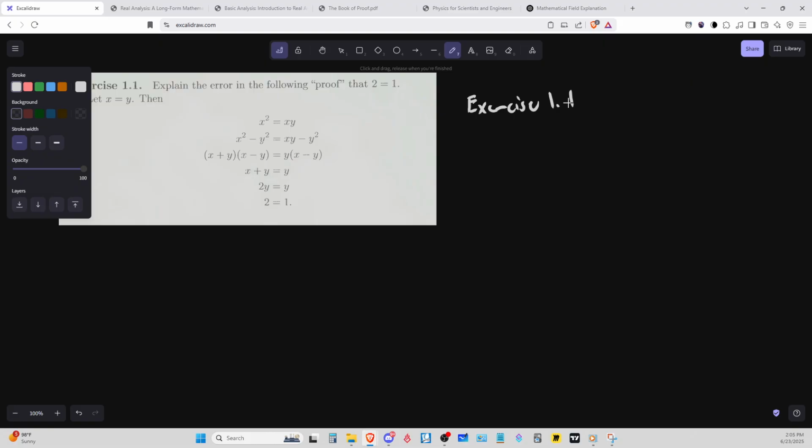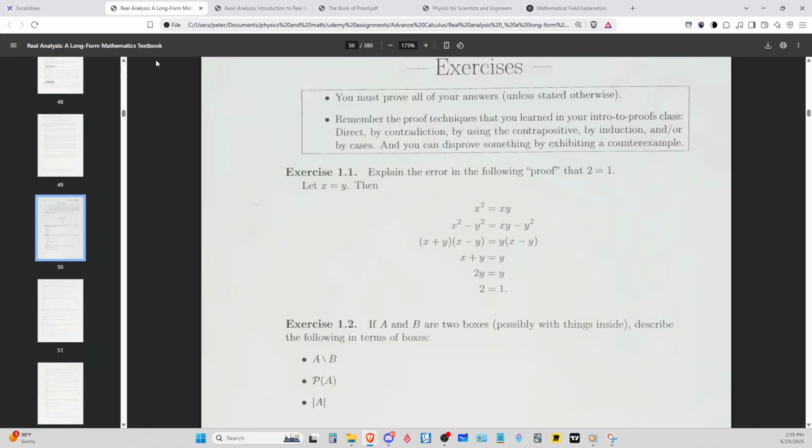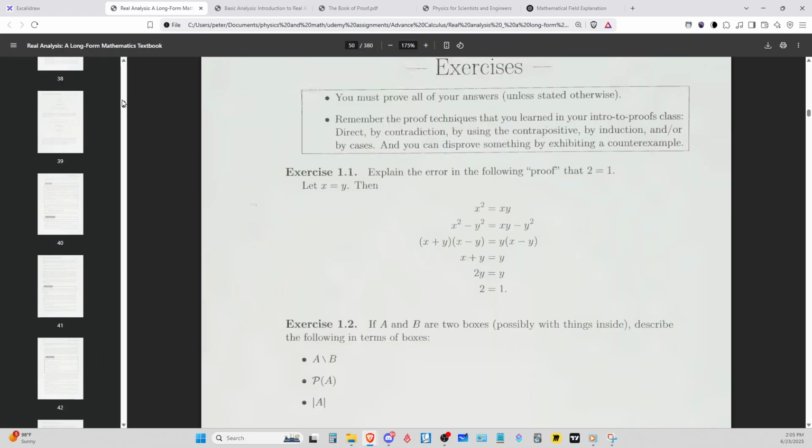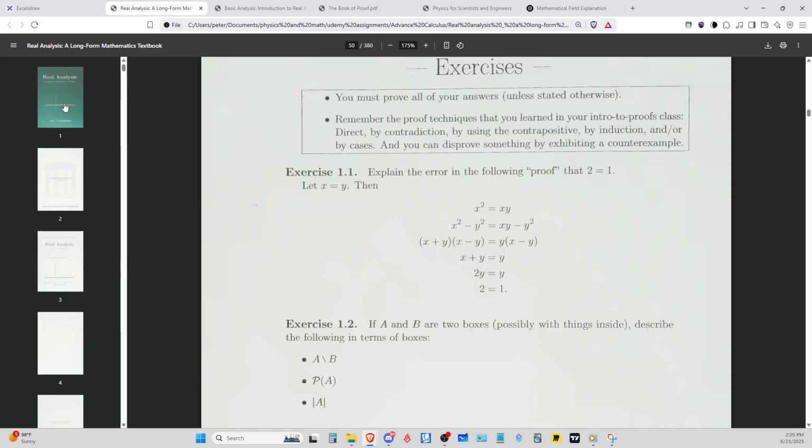So, I thought that we would probably do proof exercises from this book. It's called Real Analysis. I'm not going to click on the cover because unfortunately this doesn't have bookmarks, so I have to basically stay on the page that I'm on.